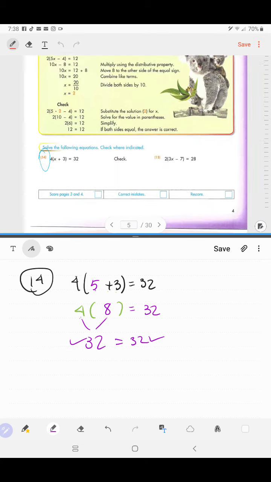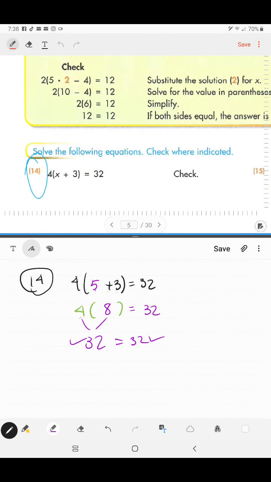Okay, so one more time. I'll do it over here. 4 goes in, 4x comes out. And again, you're multiplying. 4 times x equals 4x. 4 times positive 3 is positive 12 equals 32. And then from here, you do the opposite sign. 4x equals 20.